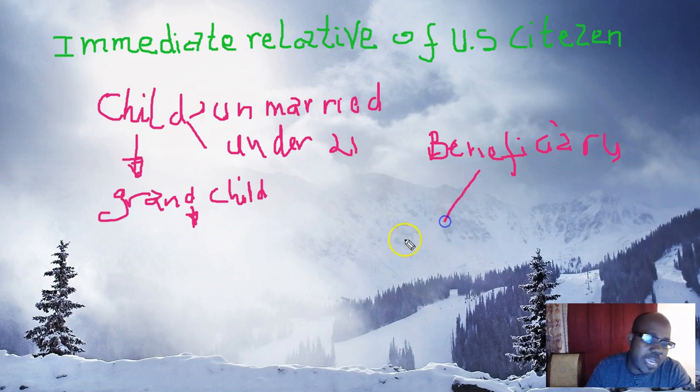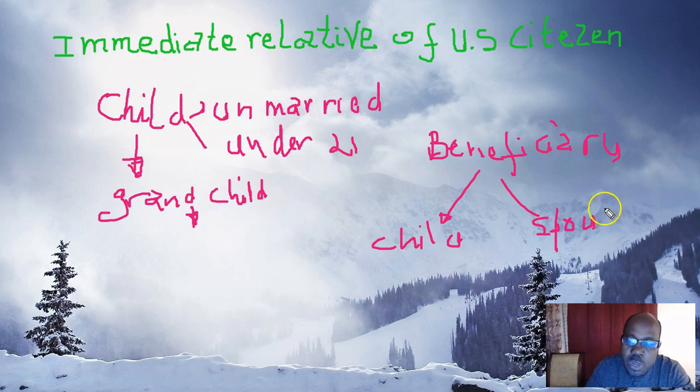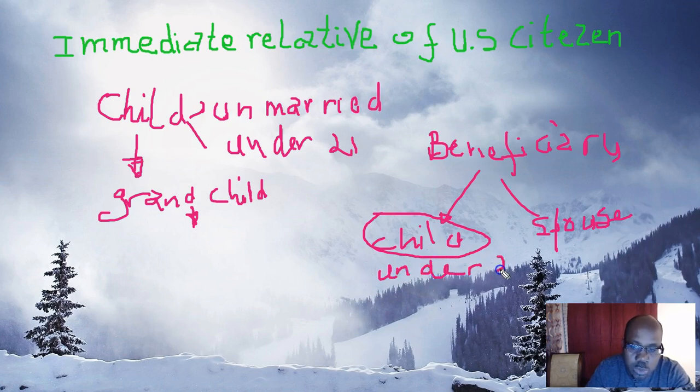Most of the time, I can attach my child to this application, and I can also attach my spouse. That means those persons also get the same benefits as me. But understand, for a child, I can attach my child as long as my child is under 21. I say generally, but there might be some details.